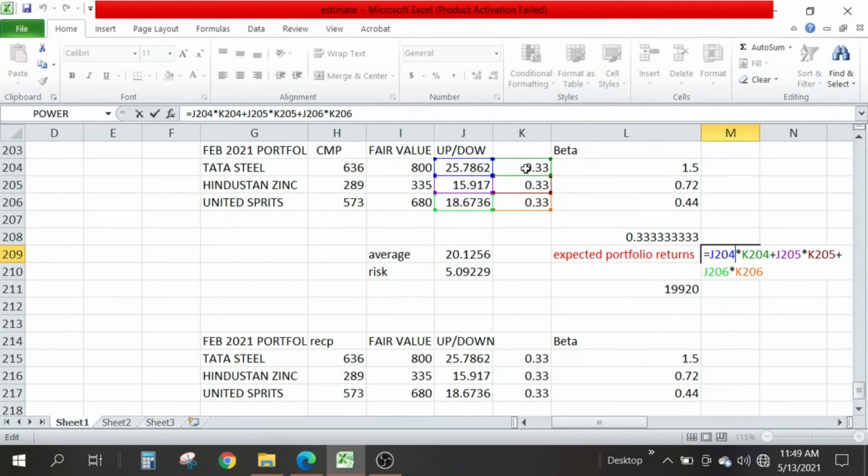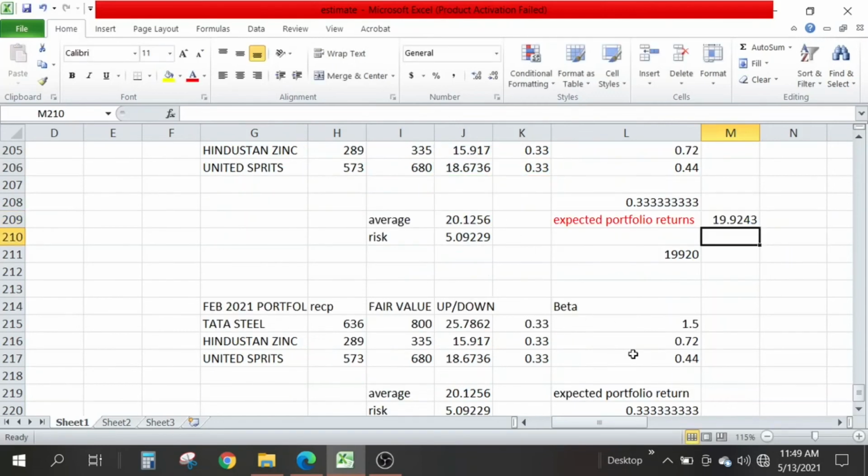Yeah, the same way, beta multiplied by upside and downside, plus 0.33 multiplied by 15.97 plus 0.33 multiplied by 18.6.